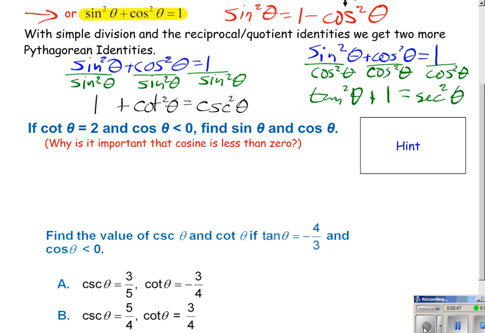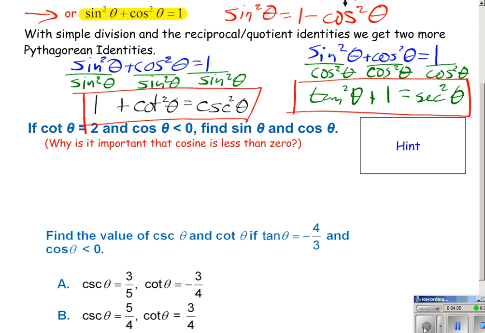So, by knowing the one basic Pythagorean identity, we can very quickly develop the relationship between cotangent squared and cosecant squared, and tangent squared and secant squared. And by adding and subtracting from one side or the other, we can get other forms of that also.